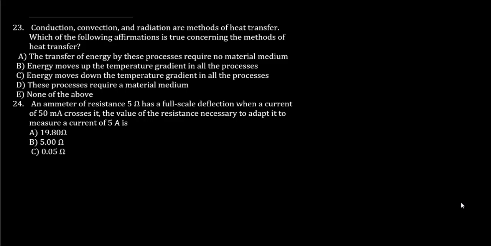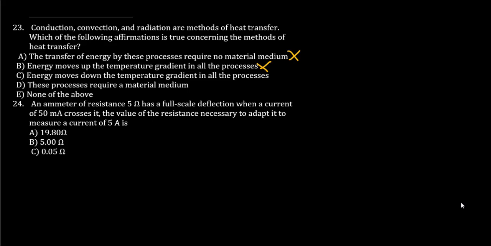So let's analyze the options. First option A, the transfer of energy by these processes require no material medium, is wrong. Only radiation does not require a material medium. B, energy moves up the temperature gradient in all processes, is wrong. Energy always flows from regions of higher temperature to regions of lower temperature. So this is not correct.